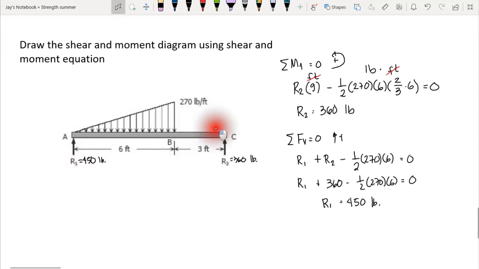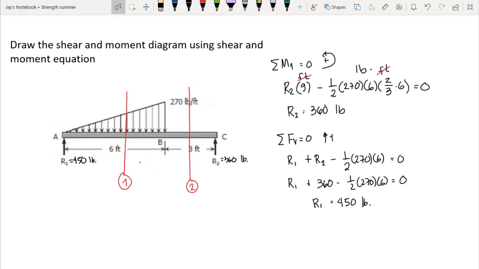And B to C here, we do not have a load, so it has a different shear and moment equation from segment A to B. So we can cut this into two. Let's say this is our section 1 and this one is our section 2.